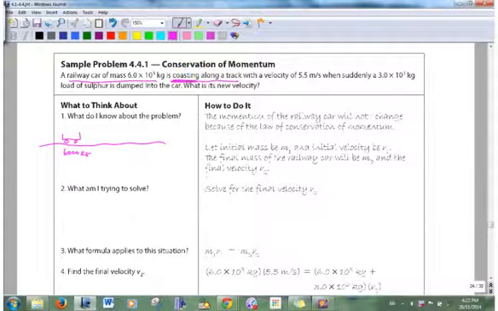Coasting is a word implying there's no acceleration, with a velocity of 5.5 meters a second. Suddenly, a 3,000 kilogram, 3 times 10 to the 3, load of sulfur is dumped into the car.